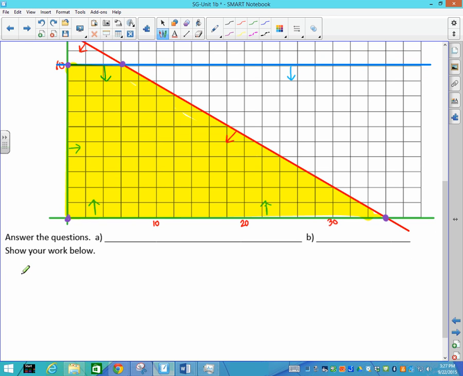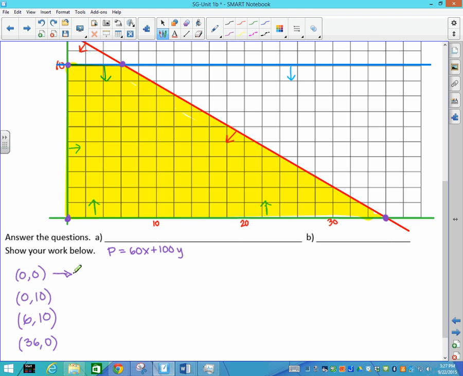So we have 0, 0, we have 0, 10, we have 6, 10, and we have 36, 0. I've got to put each of those into my objective function, which is 60x plus 100y.